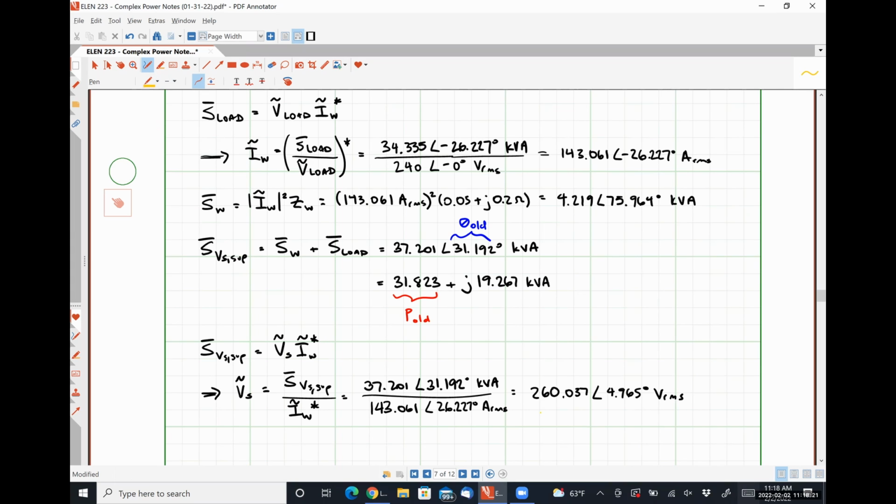And this quantity right here is the magnitude of the voltage drop over our capacitor, which we need for our capacitor determination.